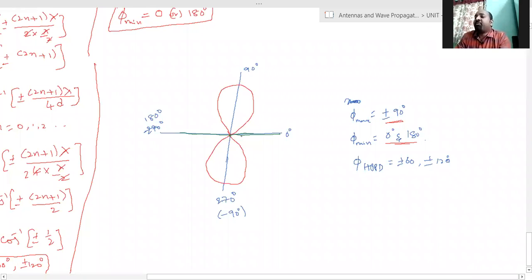Next, half power point directions. Half power point directions plus 60 degrees.